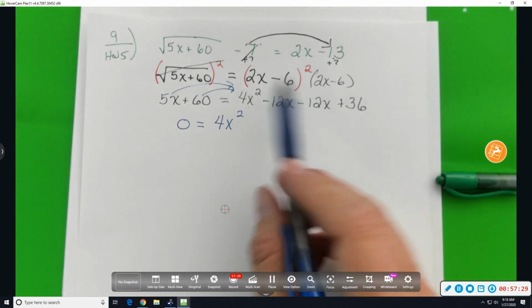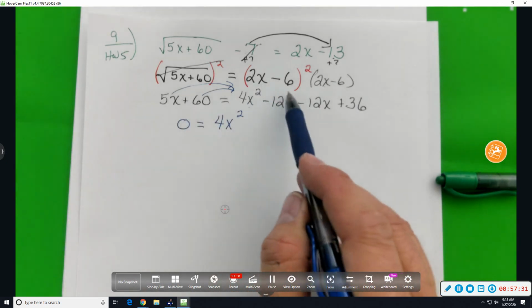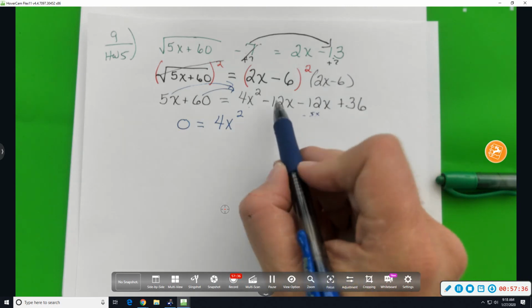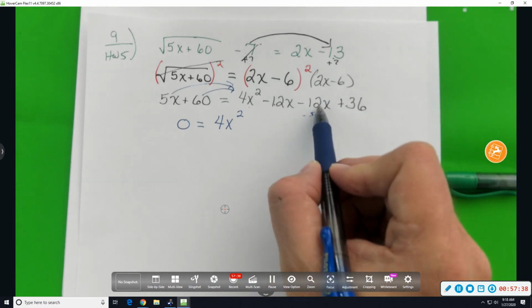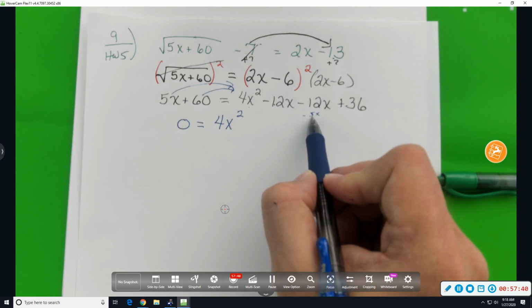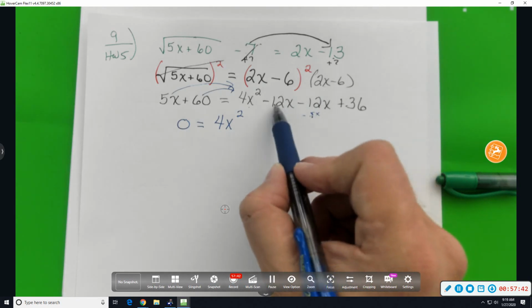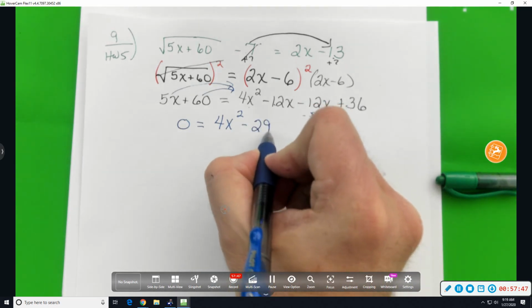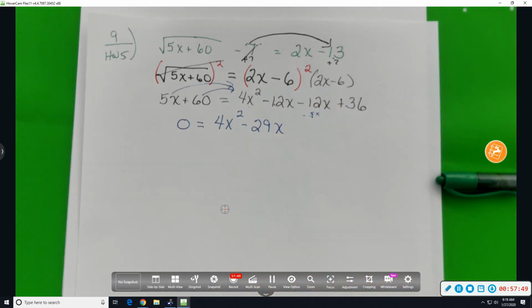Can y'all follow this? And I'm moving this 5x, so we have a negative 5x. So negative 12 plus negative 12 plus a negative 5. Is that going to be a negative 29x?